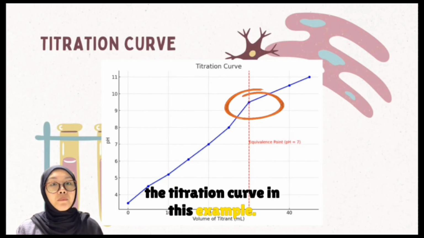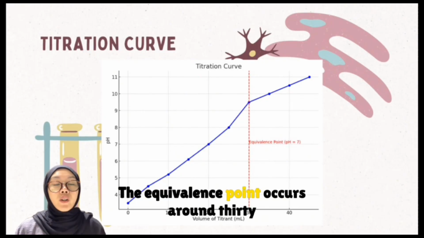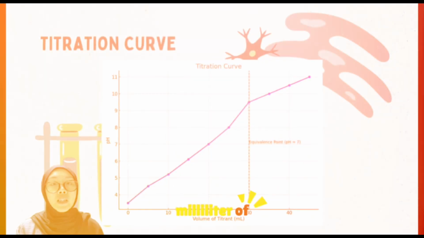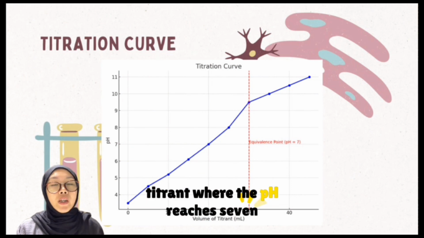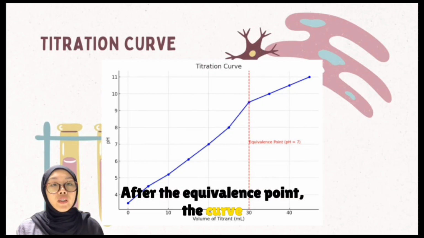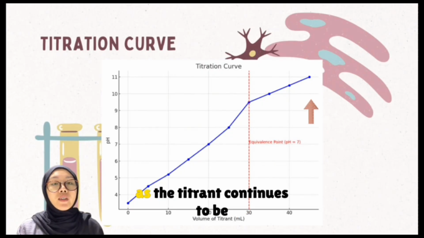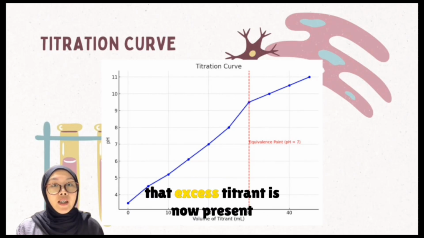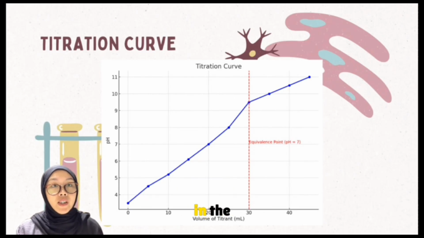In this example, the equivalence point occurs around 30 ml of titrant, where the pH reaches 7, indicating a neutral solution. After the equivalence point, the curve rises steeply as the titrant continues to be added, indicating that excess titrant is now present in the solution.